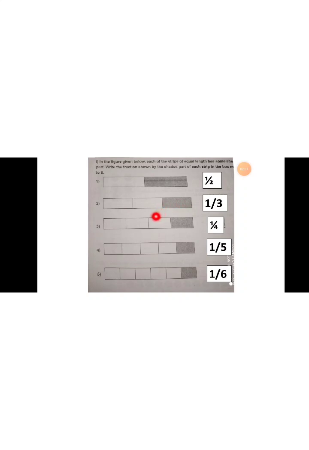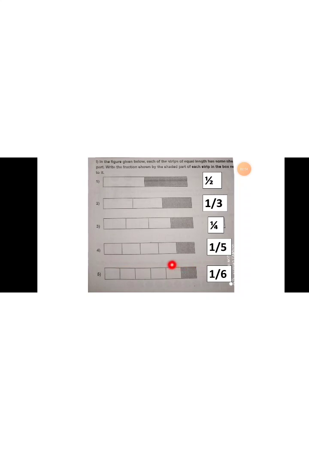When the same figure was divided into 4 parts, the equal parts became more smaller. Now again, when the figure was divided into more parts, that is 5 parts, each part became more and more smaller. And the last one also you can see, it is divided into 6 equal parts, so the pieces became more and more smaller.